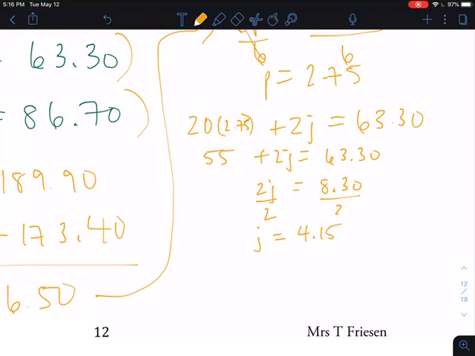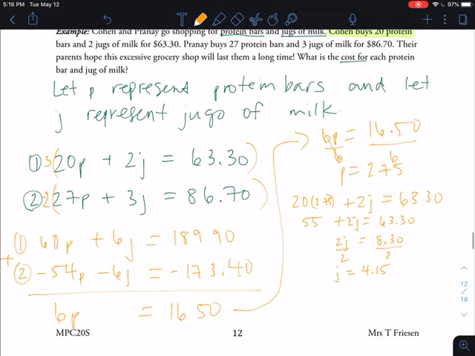we're going to see that a jug of milk is $4.15. So now we just need to answer the question, and because this is not a set of coordinates, not a point on a graph, we are looking for a cost, we're going to answer this in a sentence because it's also a word problem.